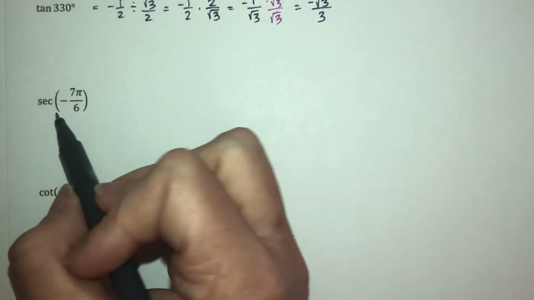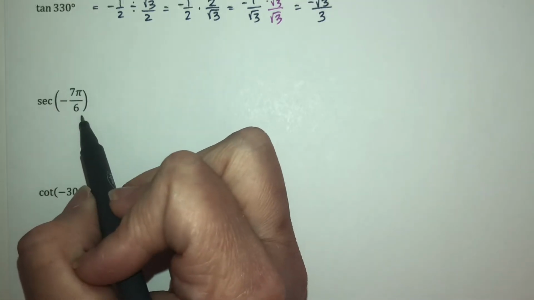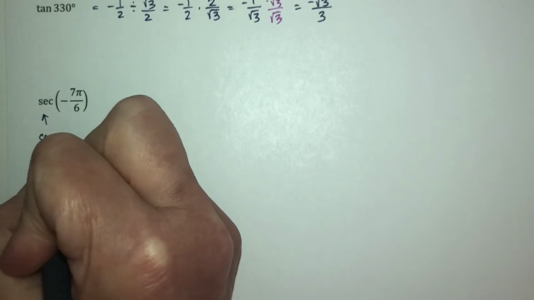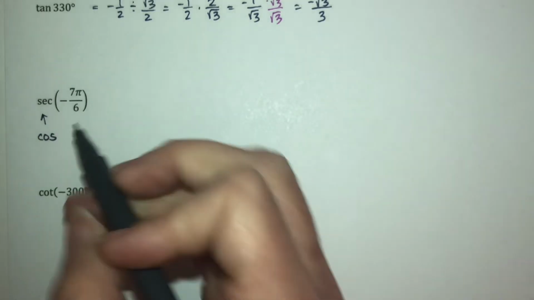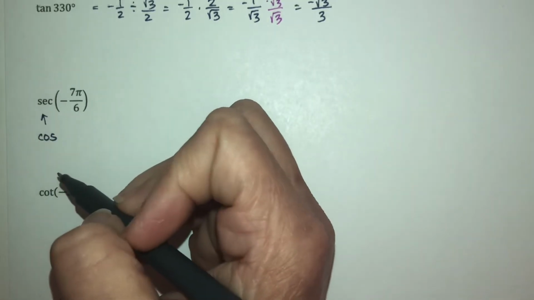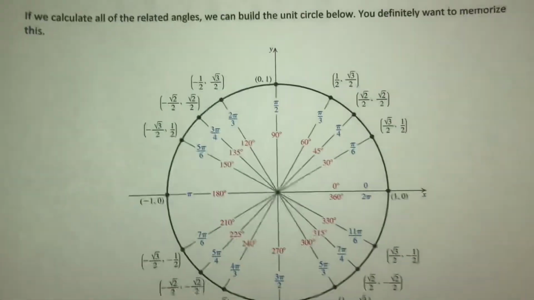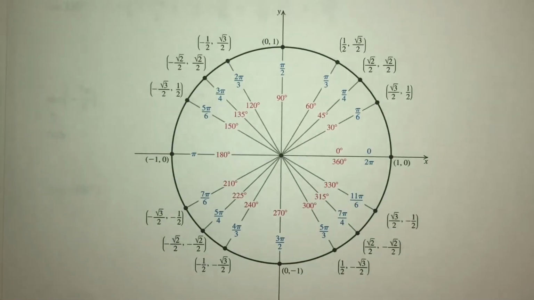Secant of -7 pi over 6. Secant goes with cosine. So this is going to be the reciprocal of my x value. But first I need to figure out what -7 pi over 6 is. All right, so what is that coterminal with?